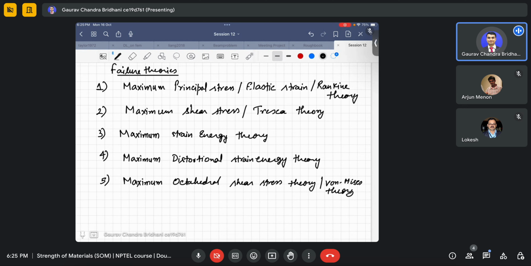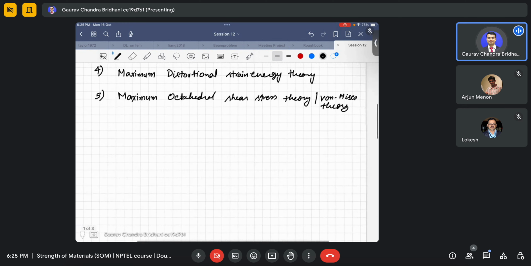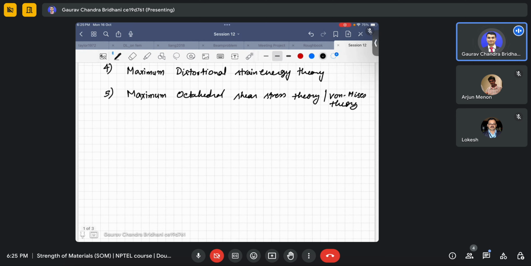We need that boundary or demarcation, so that designers can always stay inside it in terms of state of stress, never cross that boundary, and never have failure. So I'll draw the yield surface, or failure curve.